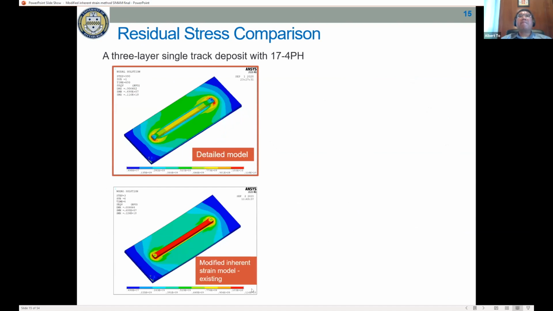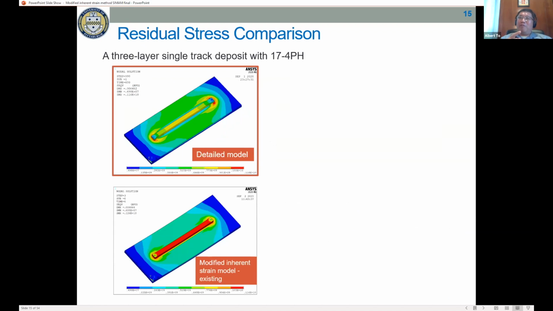One thing we were focusing on in the first couple of years of looking at this problem was really distortion, and then we realized there was an overestimation of the stress using the modified inherent strain method.